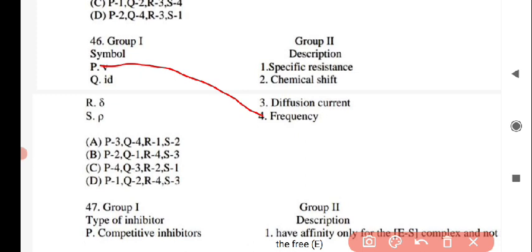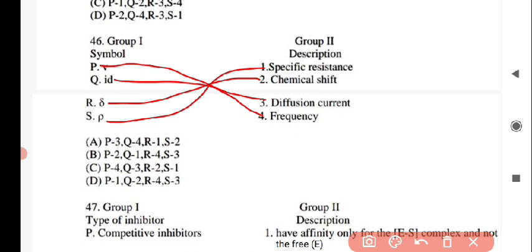The correct answer for this is option number 3, diffusion current. For symbol delta, the correct answer is option number 2, radical shift. And for the next symbol, that is rho, the correct answer is specific resistance. So option C is correct for this question.